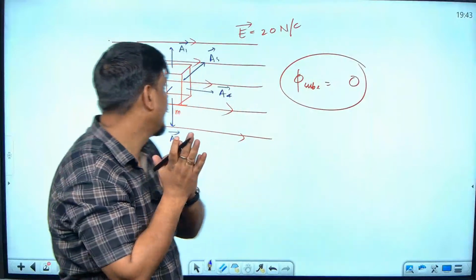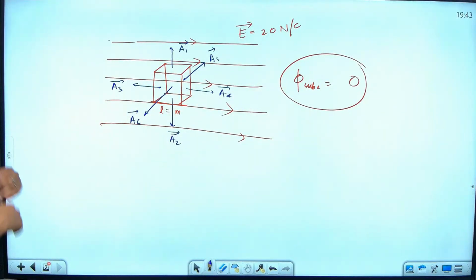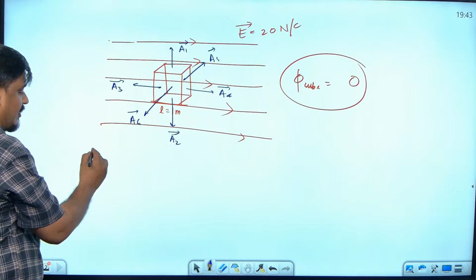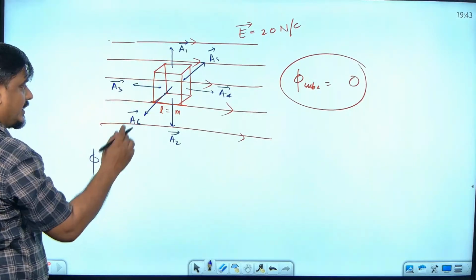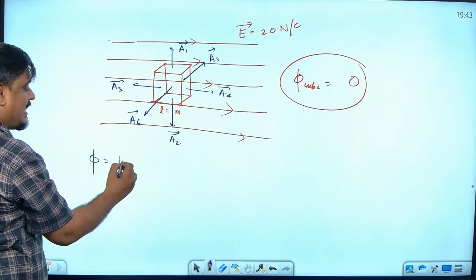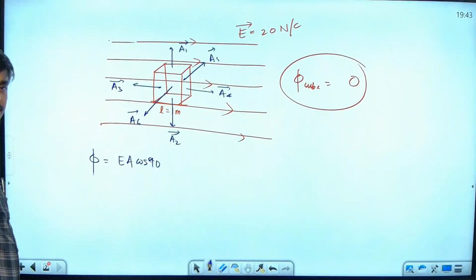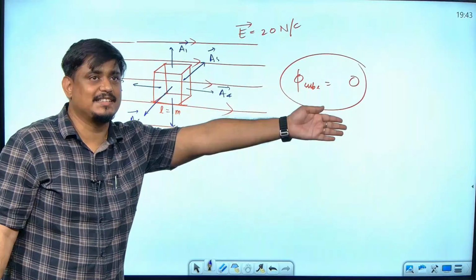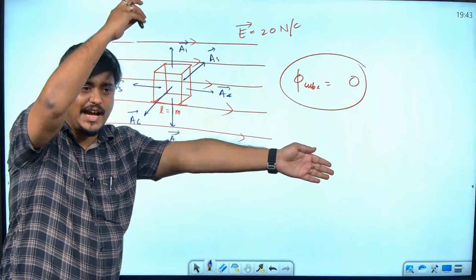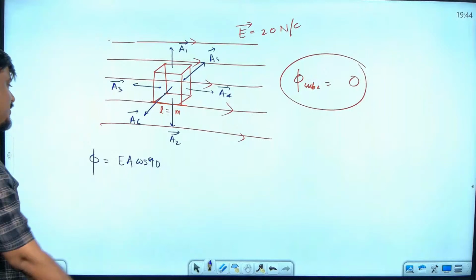Yes. Now, the flux through each area we will try to find. So, for the first area, what is the answer? E A cos 90. Do you agree with me? Because the electric field is towards right, the area is upwards, the angle between them is 90 degrees. Good.